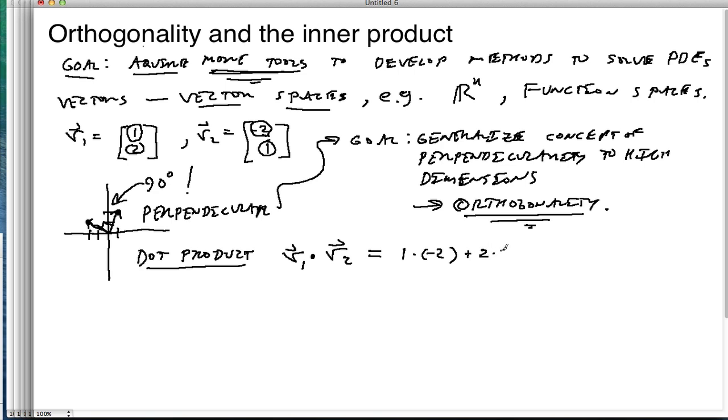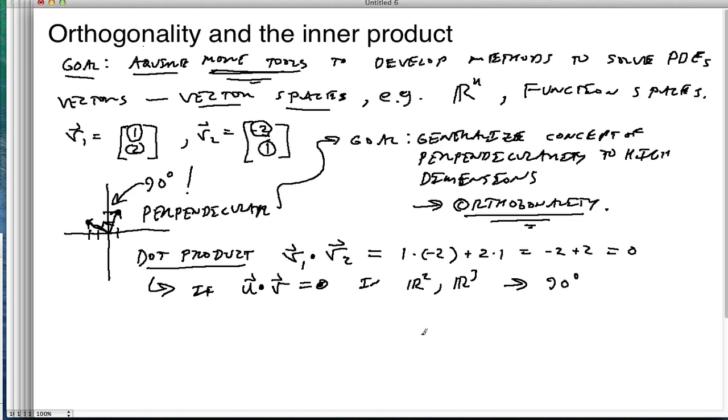So that becomes 2 times 1. That is negative 2 plus 2, and that's equal to 0. So we know that if the dot product between any two vectors in R2 or R3 is 0, there's a 90-degree angle in between.